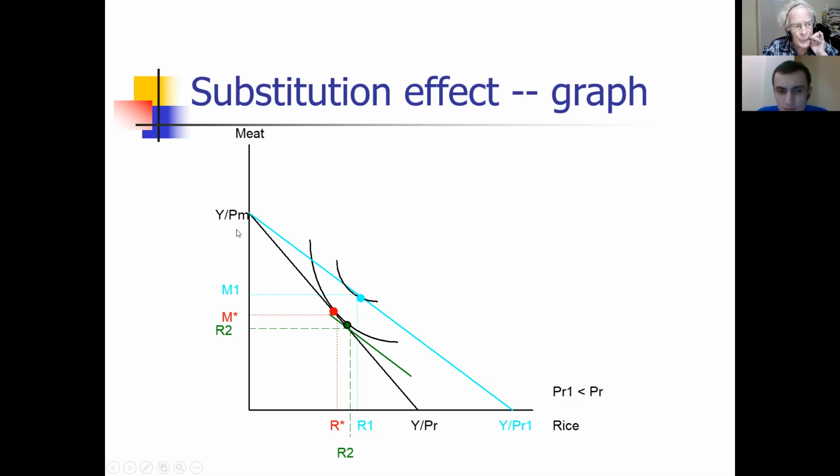Okay, now we can talk about meat. And take a look now at the substitution and income effects for meat. All right, what is the substitution effect for meat?